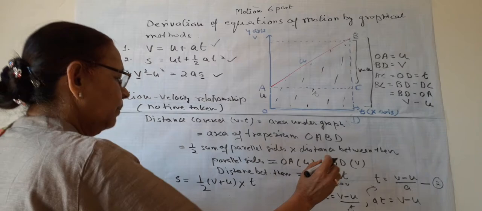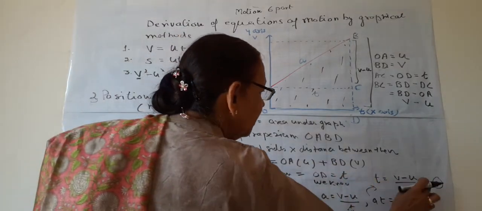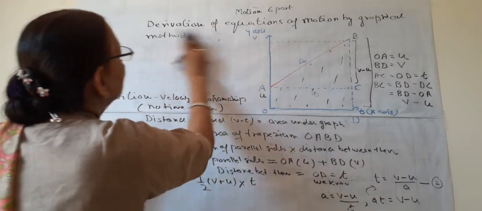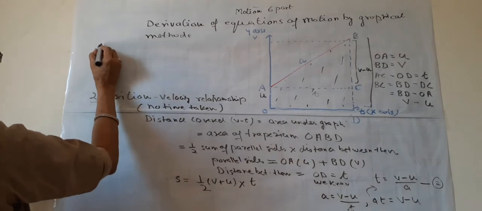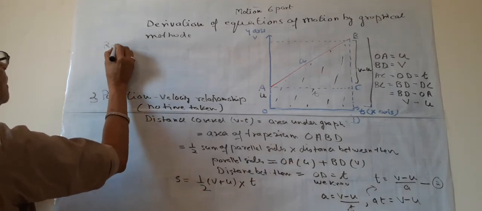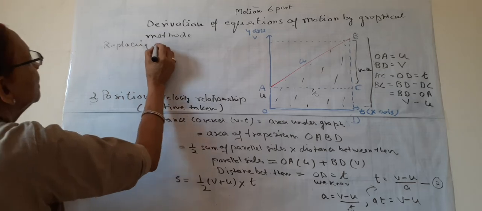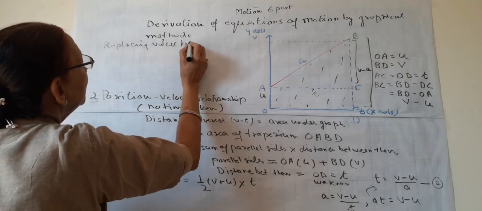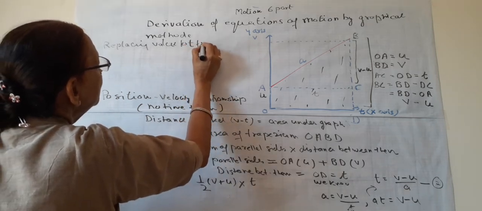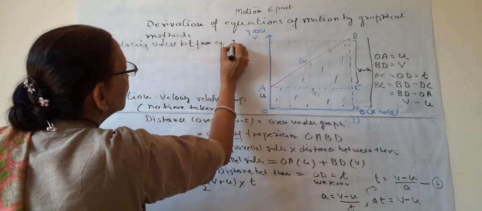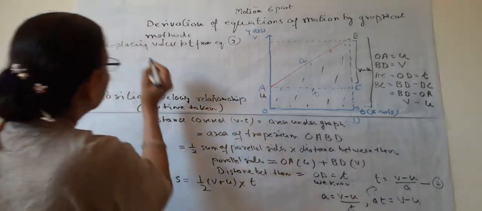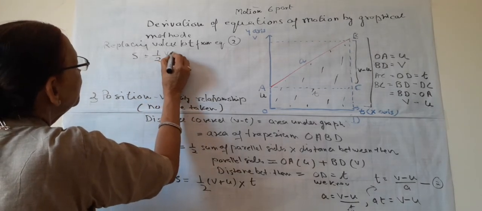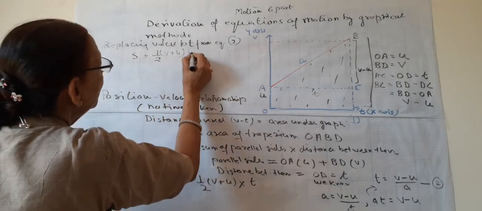So now, replacing the value of t from equation 2, what will we get in this equation? s will be equal to half (v plus u) into t.